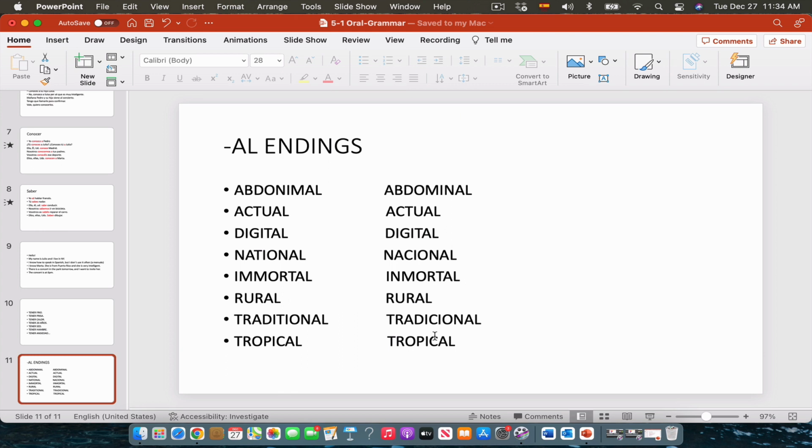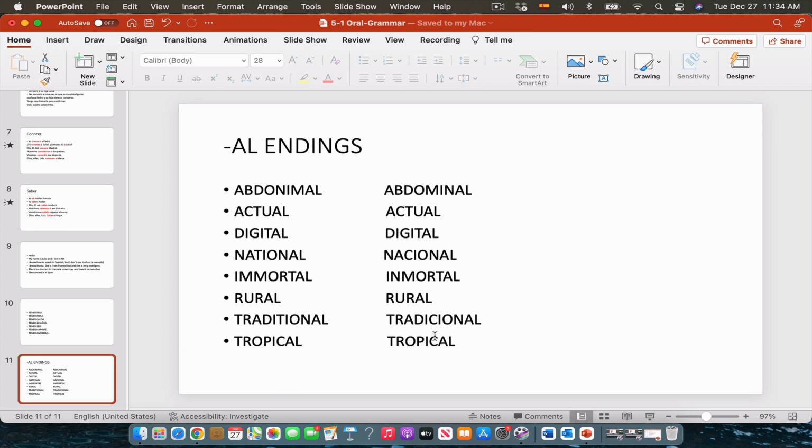Usted. How do you say we, masculine? Nosotros. How do you say we, feminine? Nosotras. How do you say you, informal, more than one person? Only in Spain. Vosotros or vosotras.